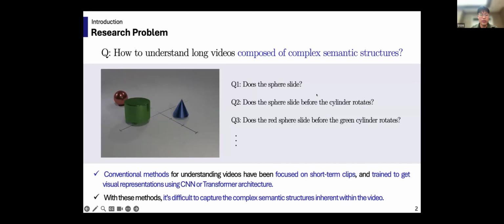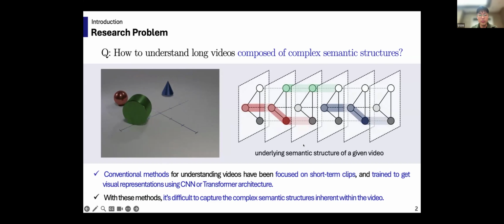But conventional video encoders like ViT or Frozen have focused on very short-term clips, and they are trained to get visual representations by sampling each frame and feeding them into a CNN or transformer-based architecture, which is not very efficient to understand the underlying semantic structure of the video.